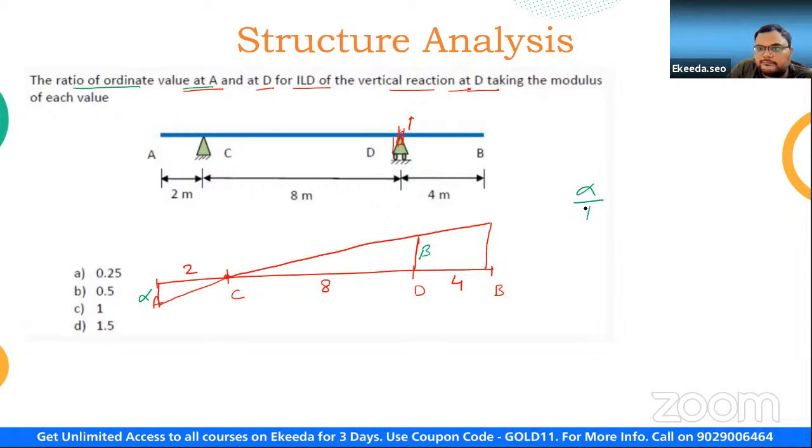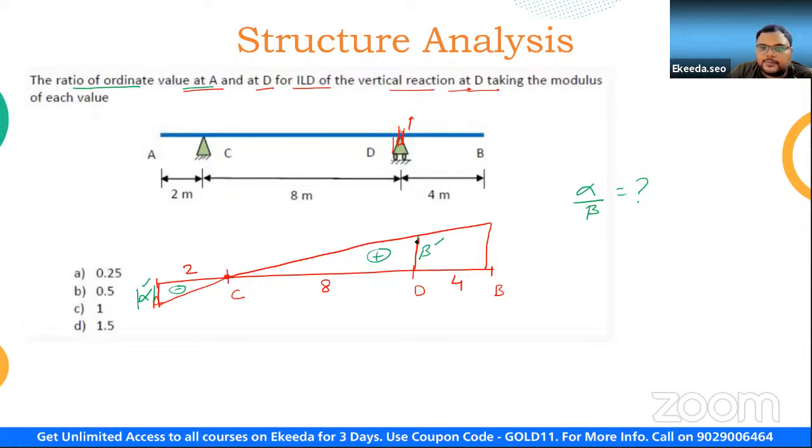So the ratio of alpha by beta is asked, right, guys? By taking the modulus of each value. See here, it is going to be negative and it is going to be positive, so we have to take the modulus value. Modulus value means we have to take the positive value of alpha. So this ratio we have to determine. It means we need to determine what is the value of alpha and what is the value of beta.